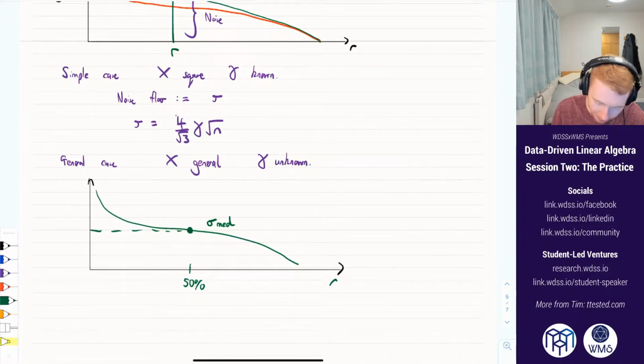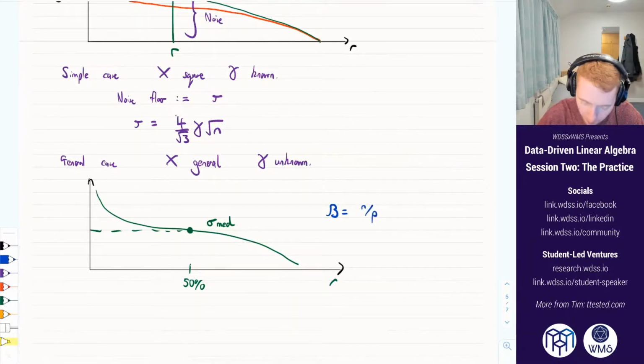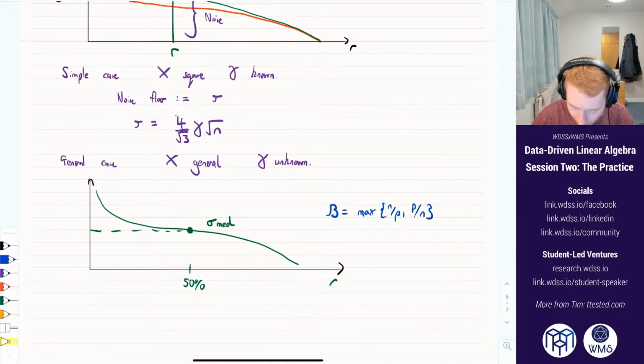We're going to define a parameter beta, which is going to be the aspect ratio of our data. Sorry, it's going to be the maximum of n over p and p over n. So basically, what is the aspect ratio of our data? We make sure it's bigger than 1.